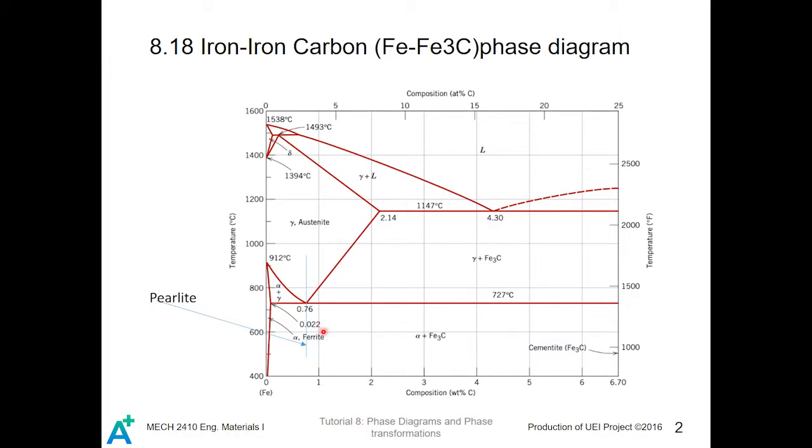When we go up with temperature, the first region we encounter is alpha plus Fe3C, and there is a eutectoid point here. After we go up, there is austenite and also Fe3C, and this small region here is the alpha phase.